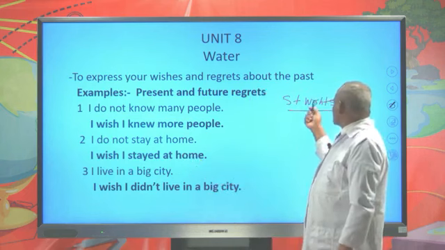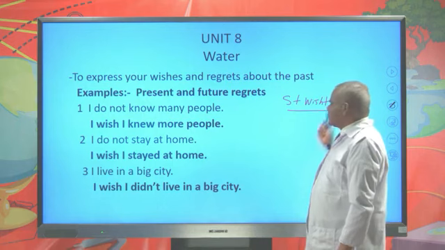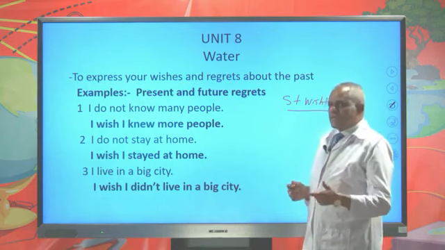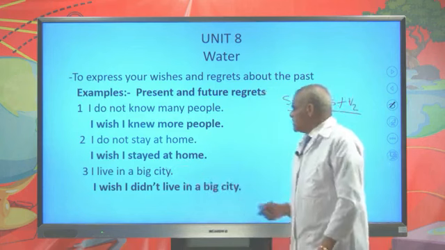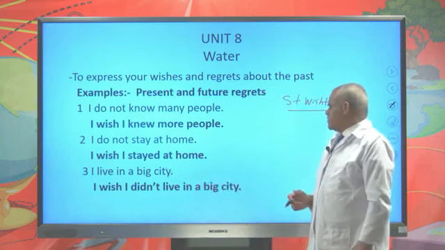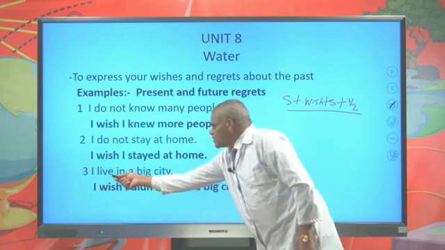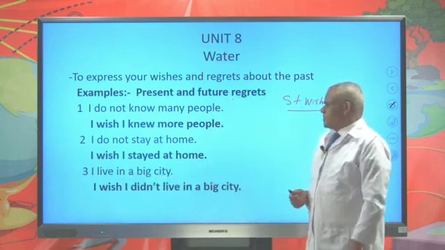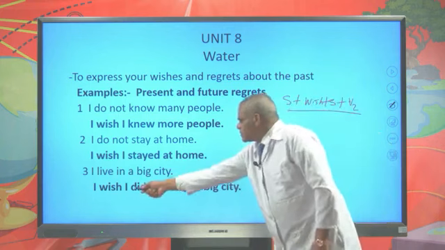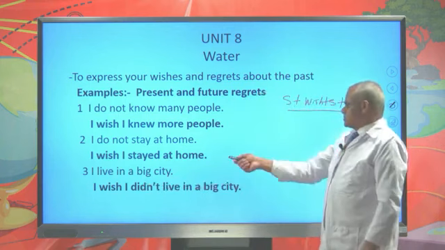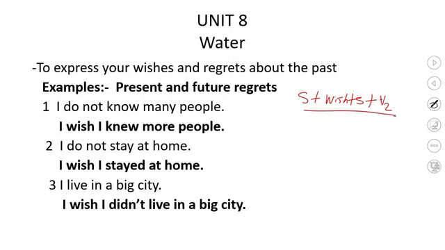The same form: subject plus wish plus subject plus V2 form, in the case of regretting in the present and the future. Same: "I live in a big city. I wish I didn't live in a big city." The present verb is in the present sentence, whereas in the case of regret, it is put like this.